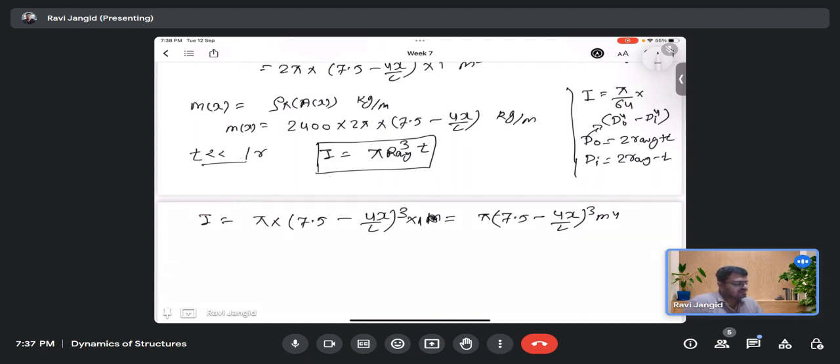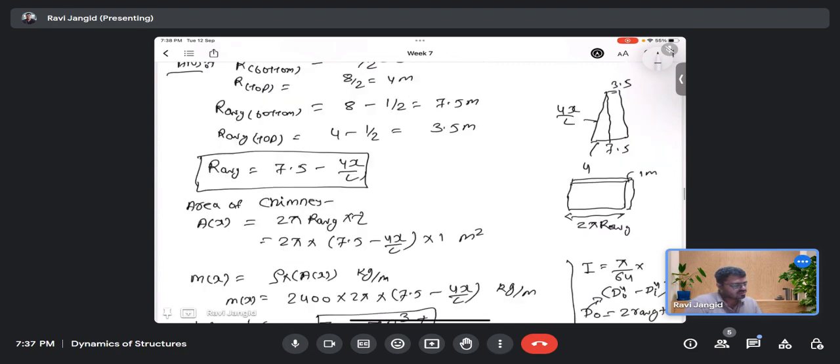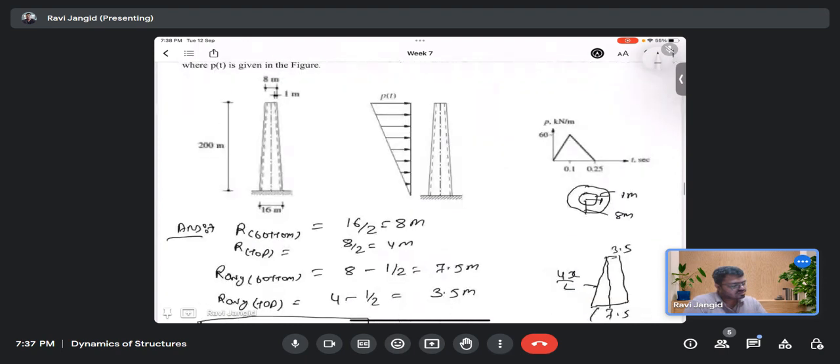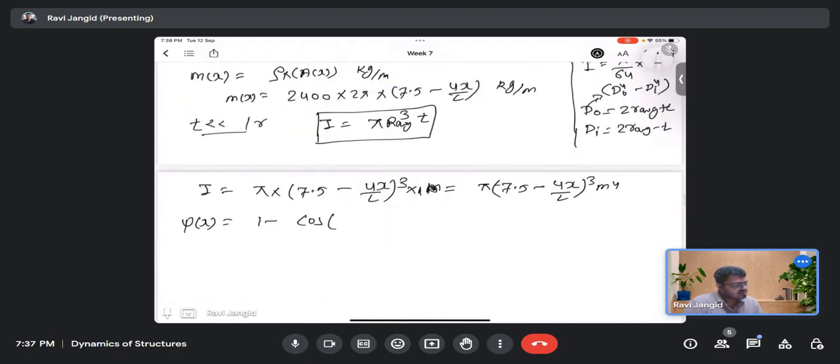So you have been given your shape function, psi x, given as 1 minus cos pi x by 2L. Using that you can find out the m equivalent.